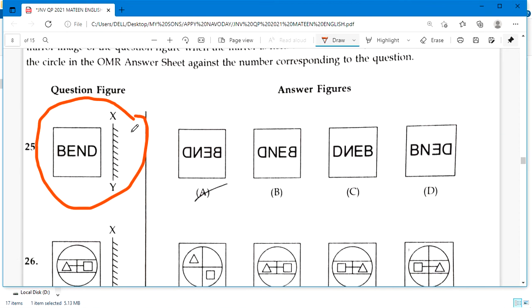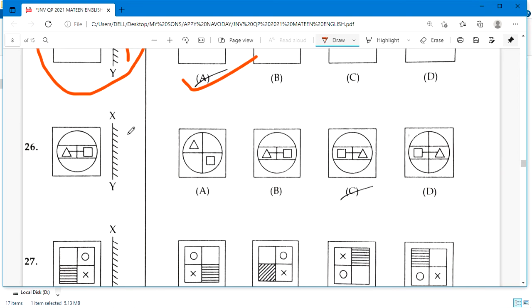If you keep the mirror on this side, how it is displayed, it's B and D bend will be displaying in the image like B and D bend, like option A. That's nothing but reversed. Right side will be reversed to the left side and left side will appear on the right side.